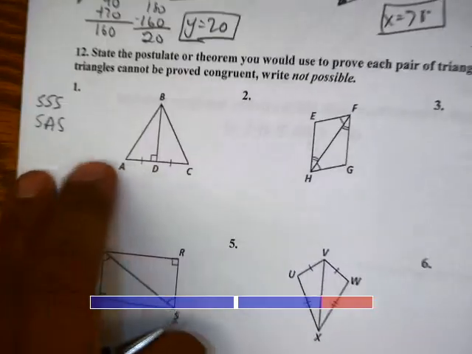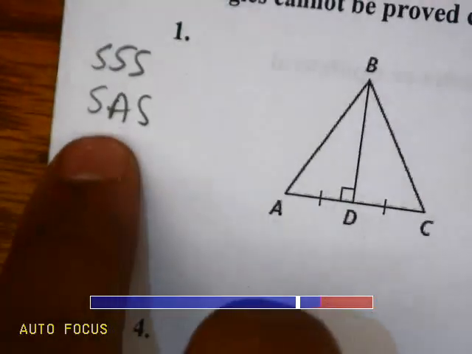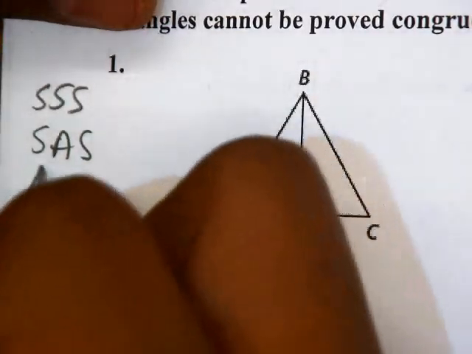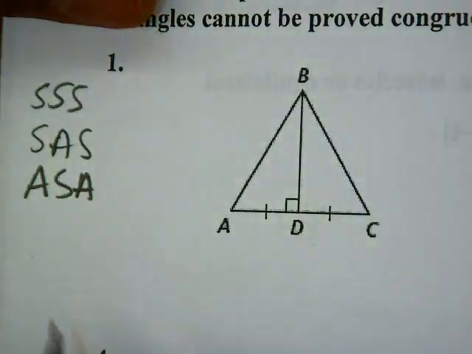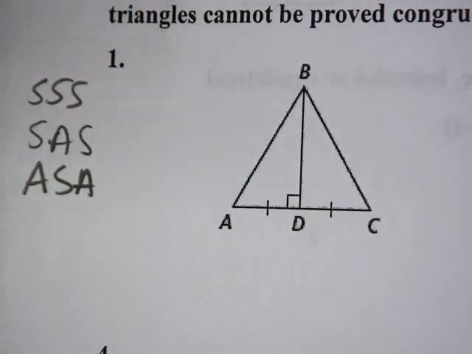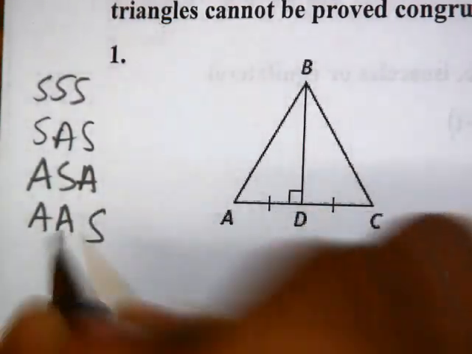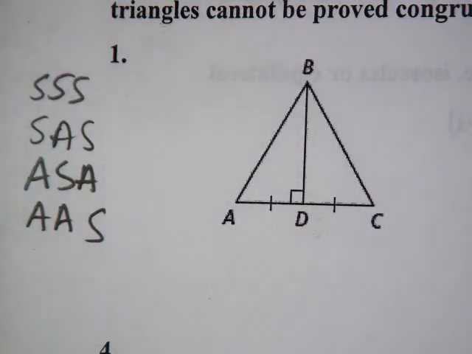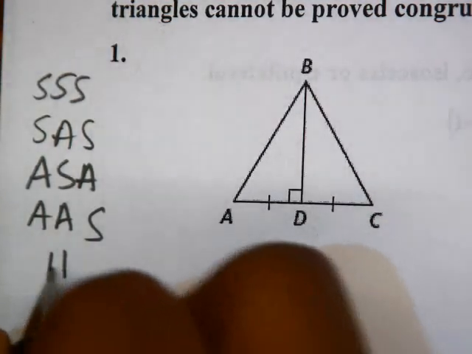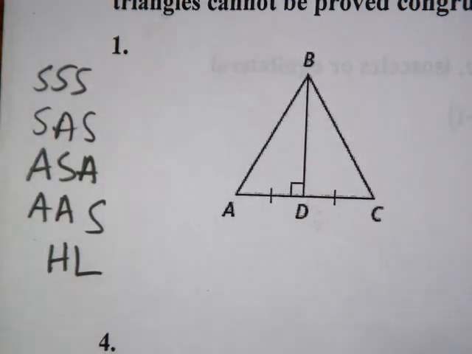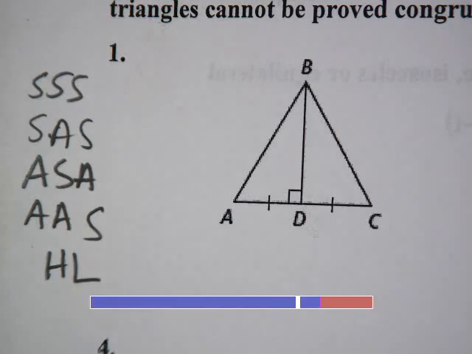SAS, where you have 2 pairs of matching sides congruent, and a pair of angles in between the 2 sides. ASA, which is 2 pairs of matching angles, and the side in between. Angle, angle, side, which is 2 angles and a side that's not in between, and HL. HL is only for right triangles. It's when you have a right triangle and the hypotenuse and the leg are congruent.